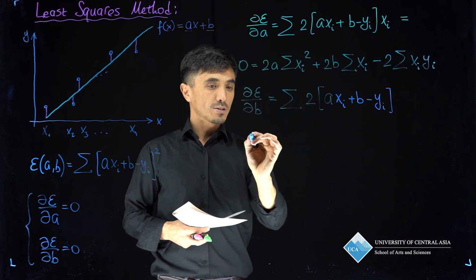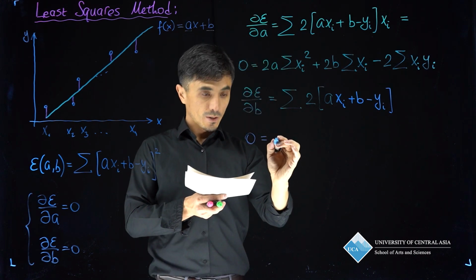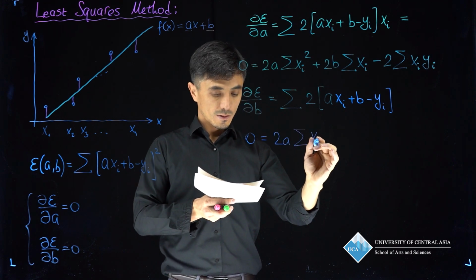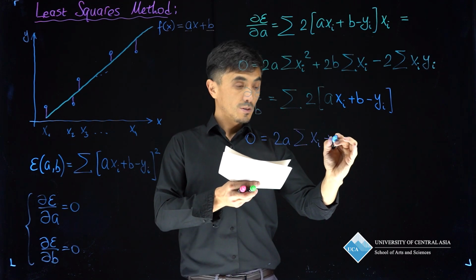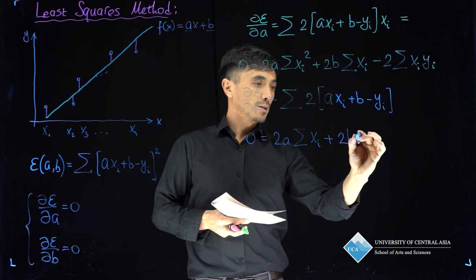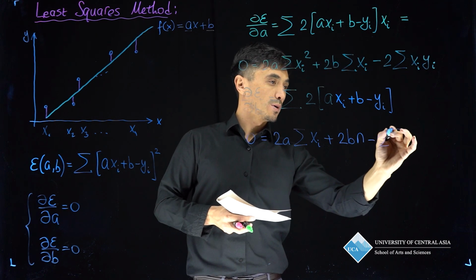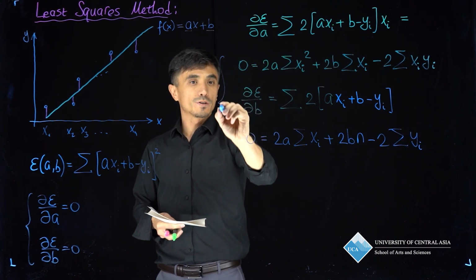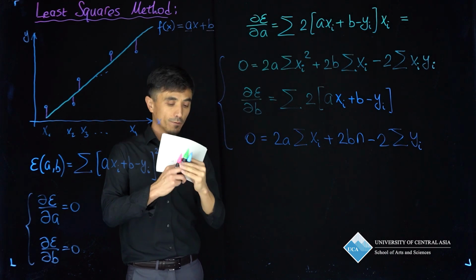If you rewrite this, 0 is equal to 2a sigma xi plus 2bn minus 2 sigma yi. This should be 0. So we need to solve this system of equations.